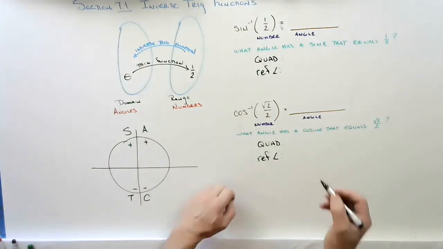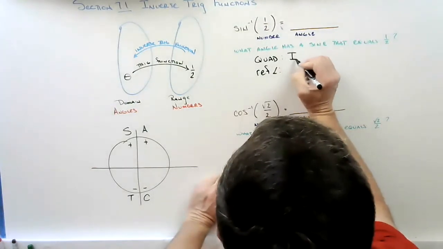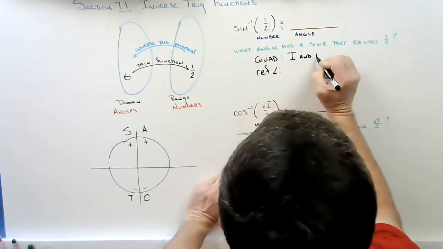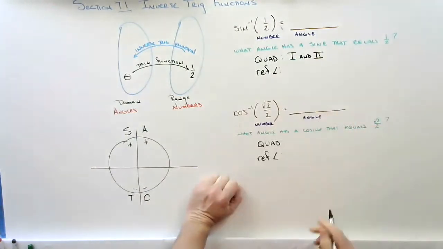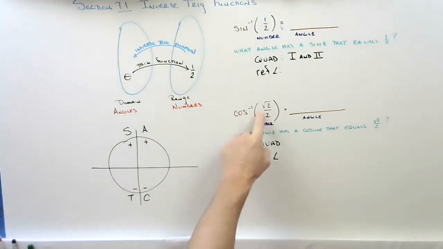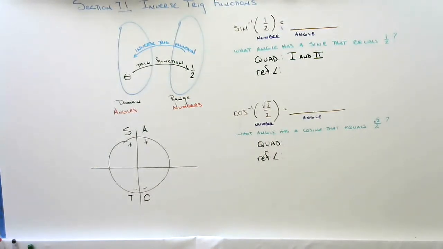So for quadrants, we get quadrant 1 and we get quadrant 2. If we were looking at the question down here, cosine √2/2, it would be a different answer, wouldn't it? It'd be a different solution, because for cosine we would need a different circle.